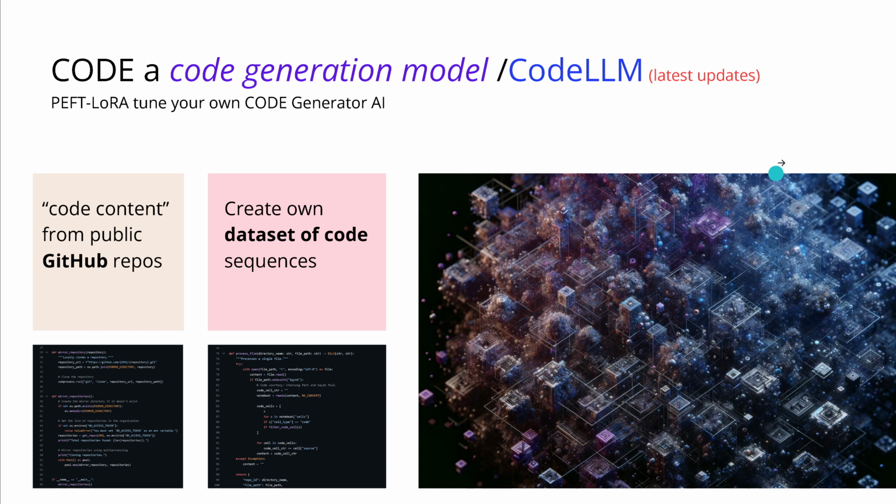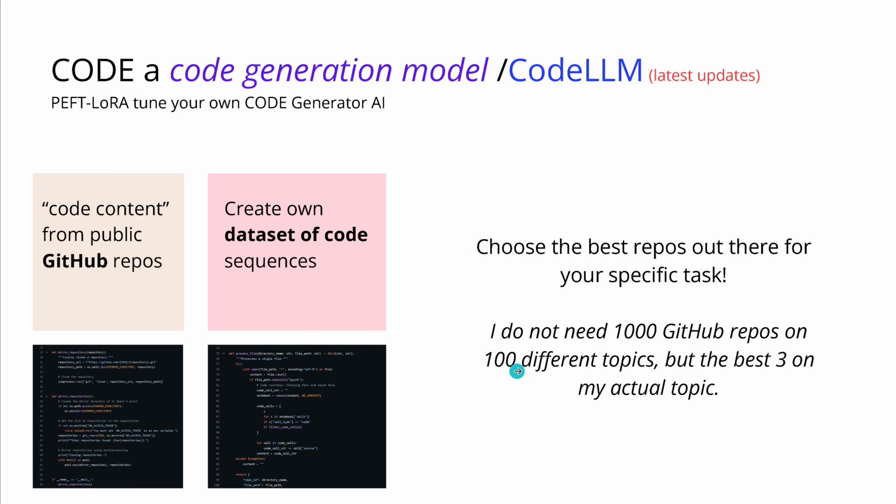I don't need 1,000 repos. And maybe those 1,000 repos are on 100 different topics. I'm focusing here for my task, for my actual topic. Let's say it is how to fine-tune PEFT models. And I just want to have the best 3 or the best 10 GitHub repos on this topic that are up to date, updated just an hour ago.